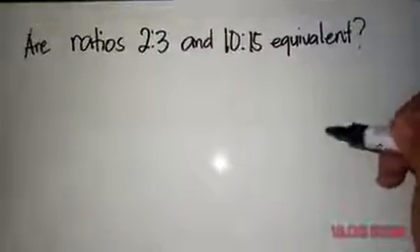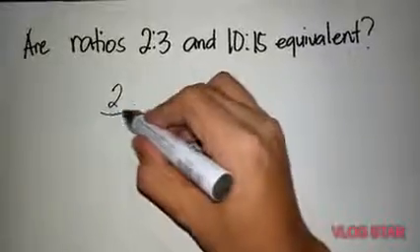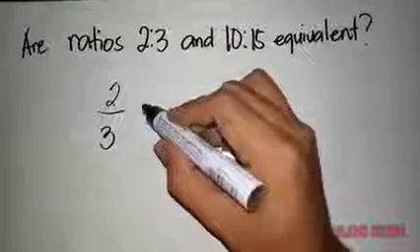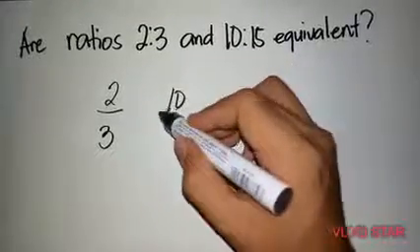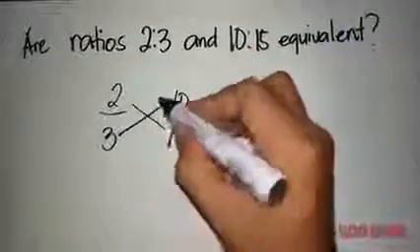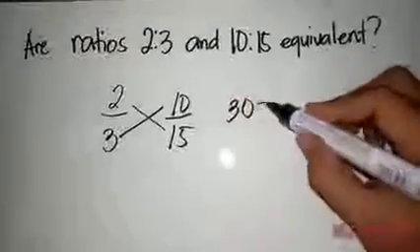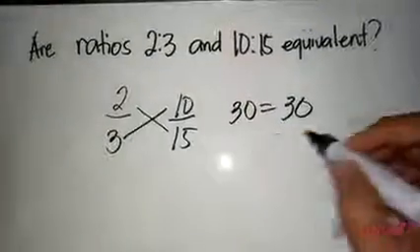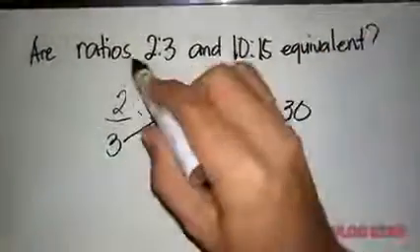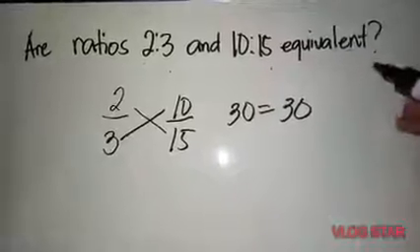We're going to use the cross product. 2 times 15 is 30. Then 3 times 10 is 30. Since their cross product is equal, 2 to 3 and 10 to 15 are equivalent.